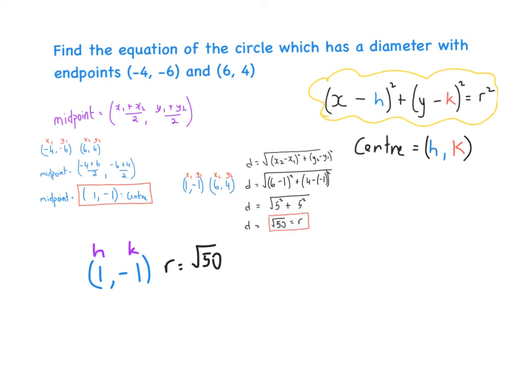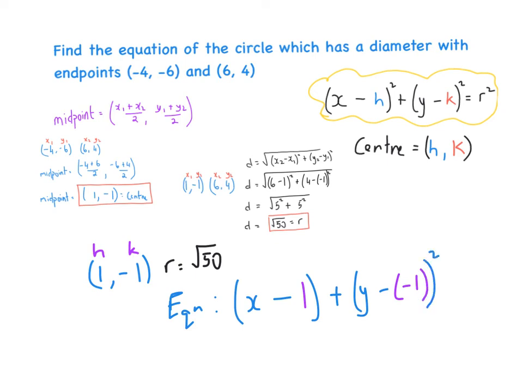Okay, so all we have to do now is sub in, so our equation is going to be x minus, well, h is 1, 1 all to be squared, plus y minus, and here k is minus 1, all to be squared, is equal to root 50, and again that is to be squared.